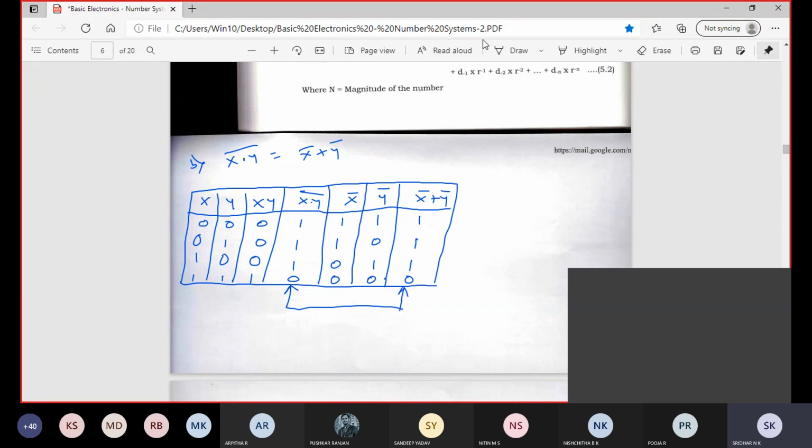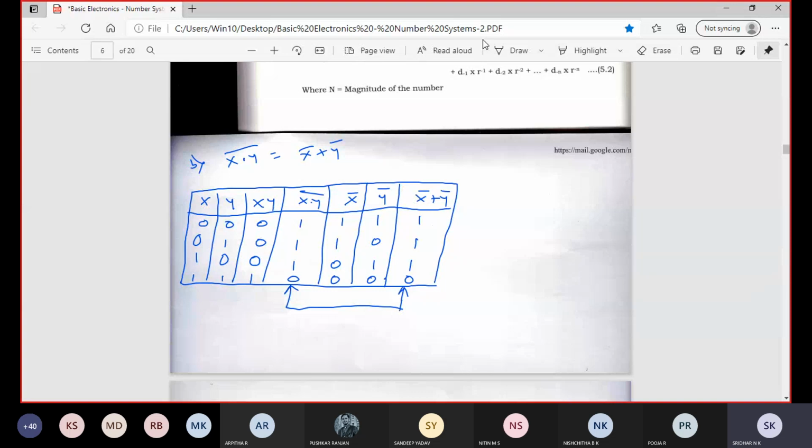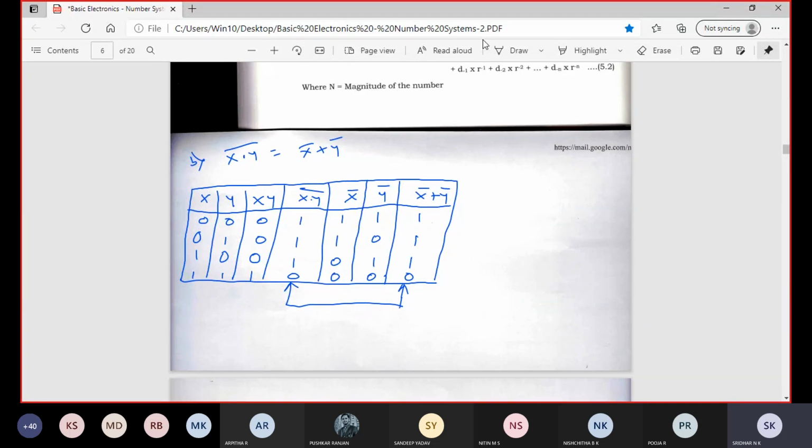Okay, so I'll just write the statements here, De Morgan's first statement for 3 variables. A plus B plus C whole bar is equal to, can you guide me?